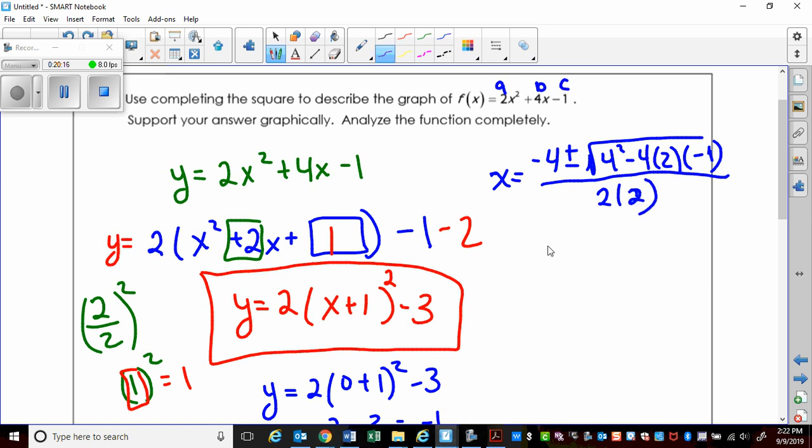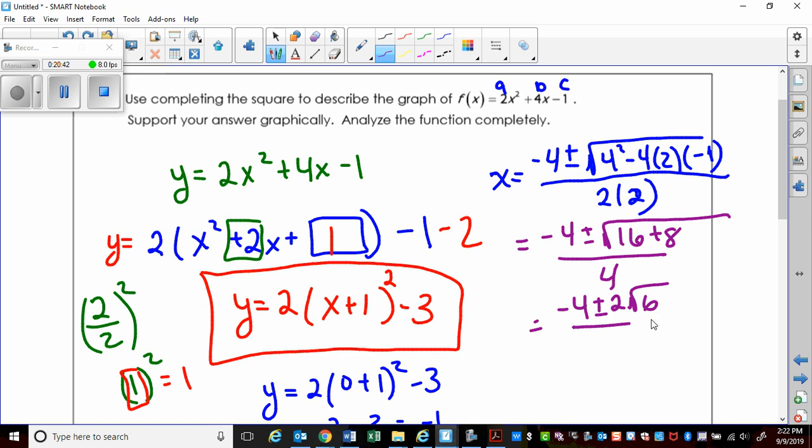Alrighty, and this is negative 4 plus or minus the square root of 16 plus, this is a negative and a negative, 8, all over 4. And this we can simplify to be negative 4 plus or minus 2 square root of 6 all over 4.